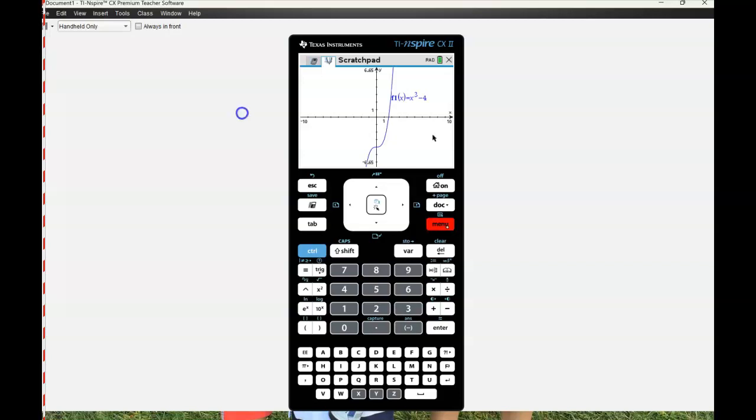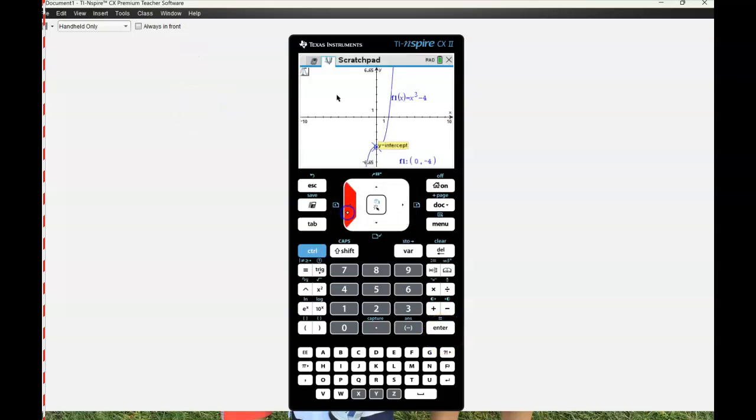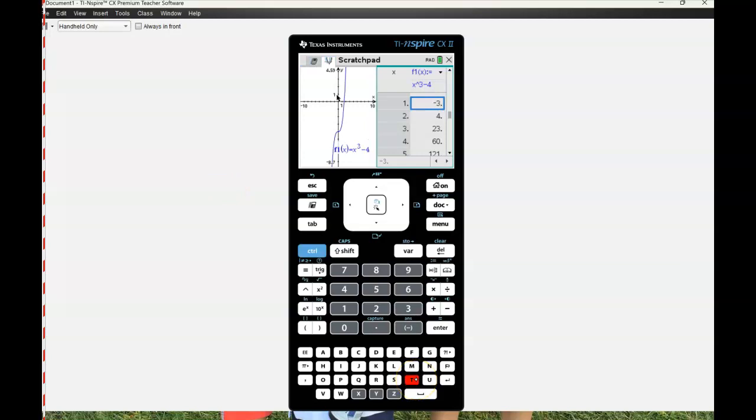There are several ways you can tell. One is the following. If you trace that point, you see that the y value is always increasing. It's never constant. Another way is, if you do Control T, you also see the y value is never constant.